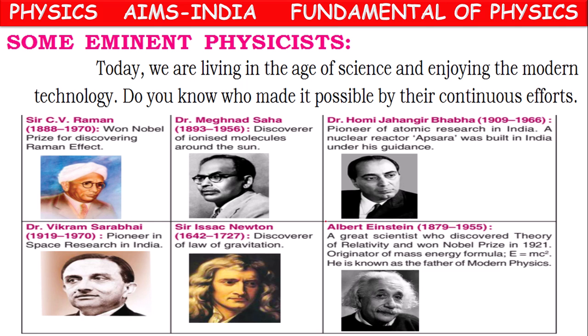These are some eminent, means famous, physics scientists. Sir C.V. Raman won the Nobel Prize for discovering the Raman effect, which you will be learning later. Meghnad Saha discovered ionized molecules around the sun.